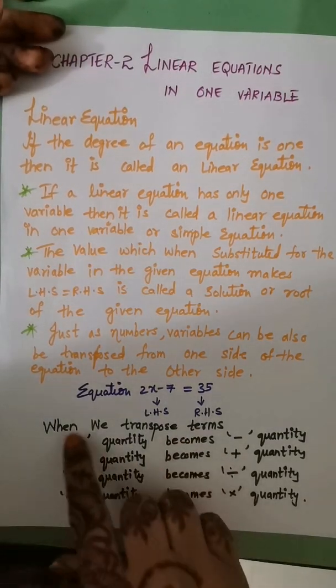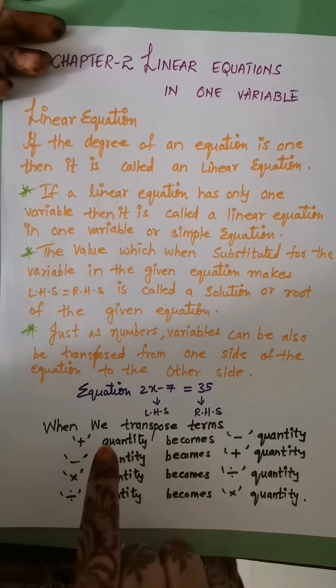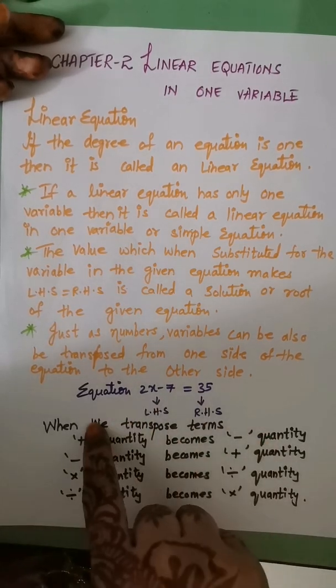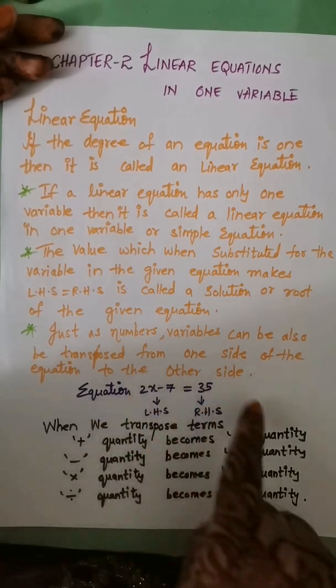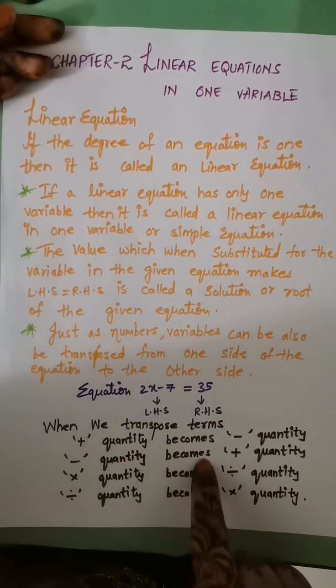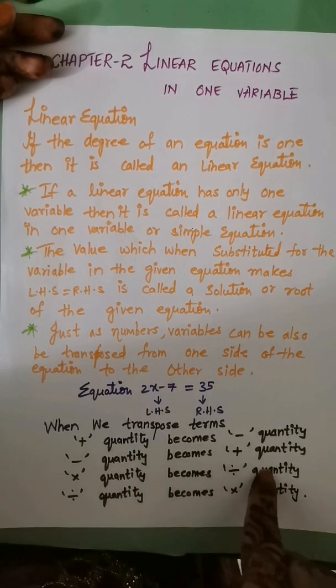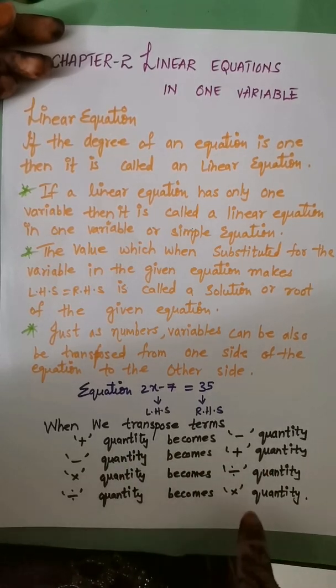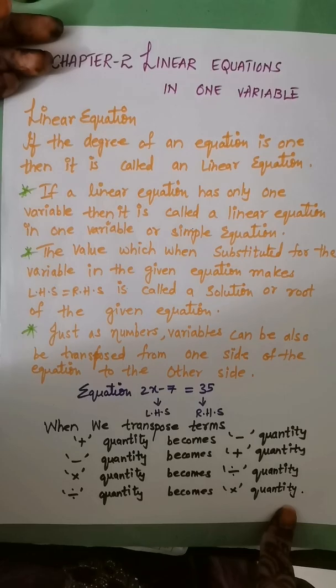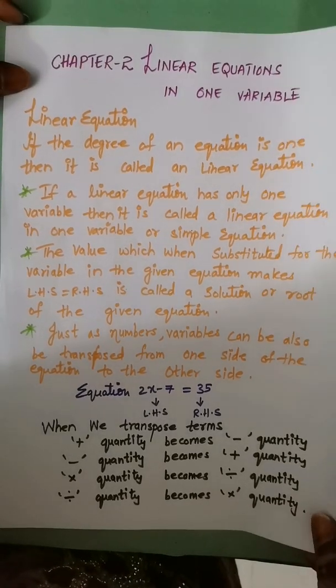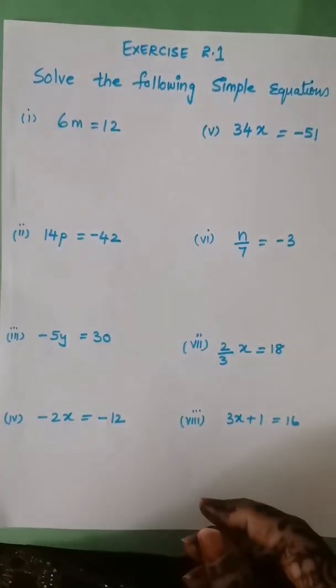When we transpose terms, plus becomes minus, minus becomes plus, multiplication becomes division, and division becomes multiplication. You will learn it thoroughly when we practice in the exercises.